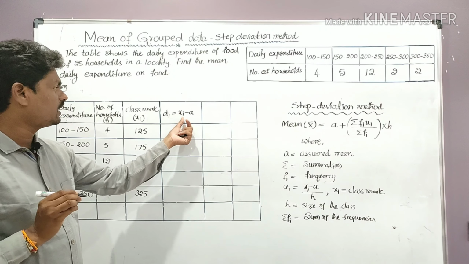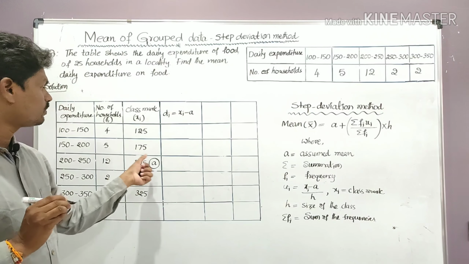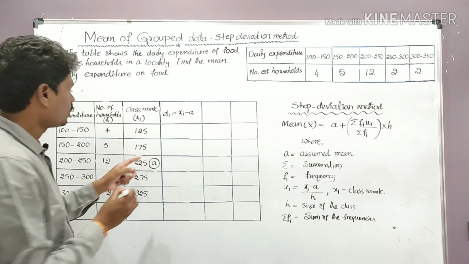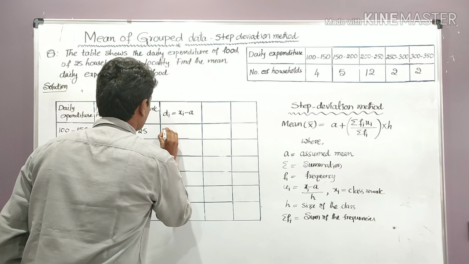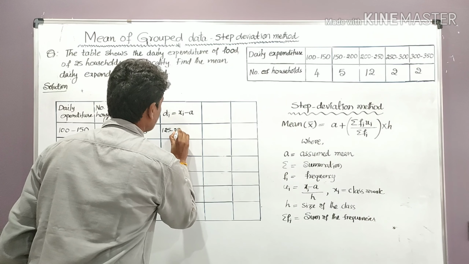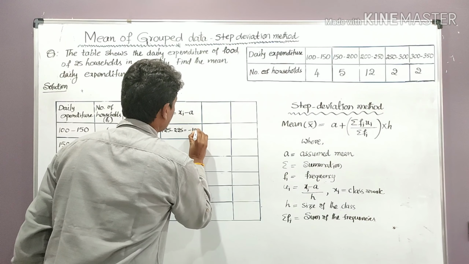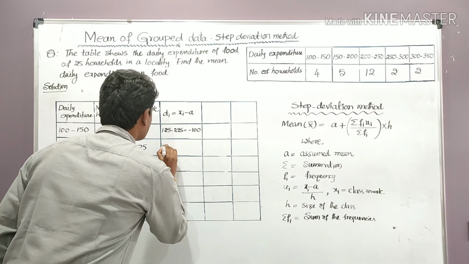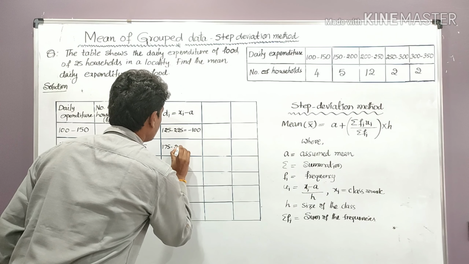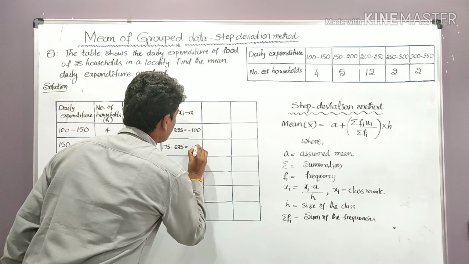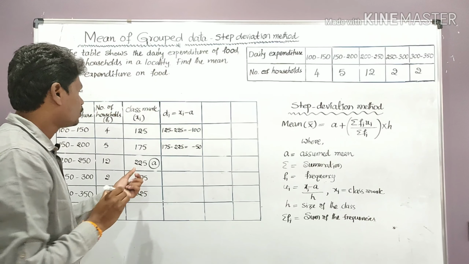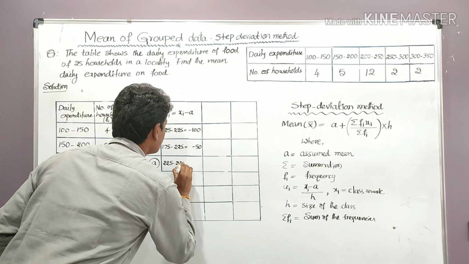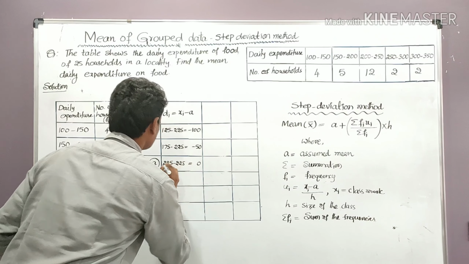Now we have to find the di values. These are the xi values. By subtracting the a value from each class mark, we can get the di values. So 125 minus 225 is equal to minus 100. Next, 175 minus 225 is equal to minus 50. 225 minus 225 is equal to 0, student.